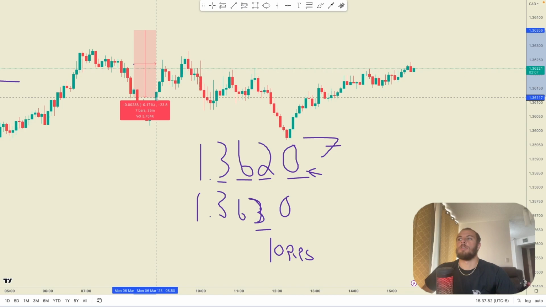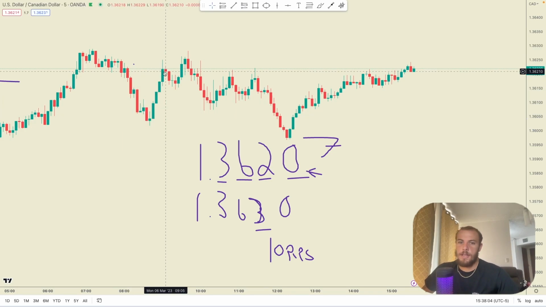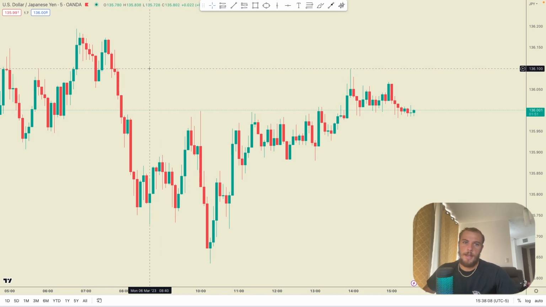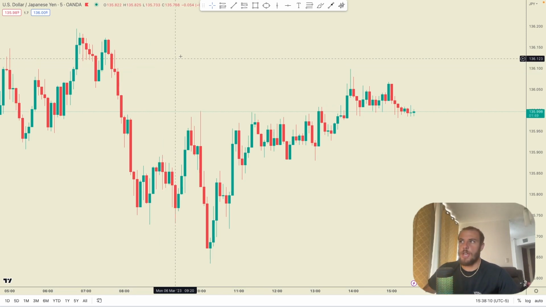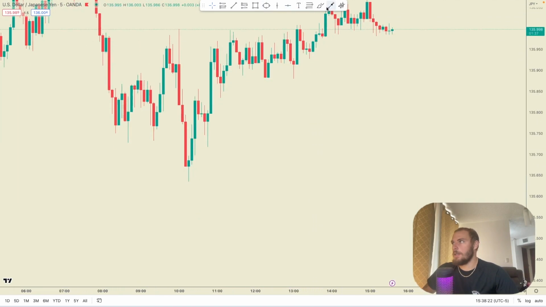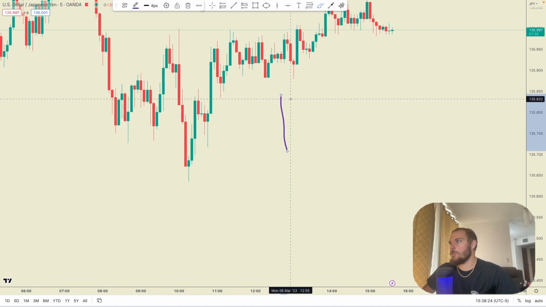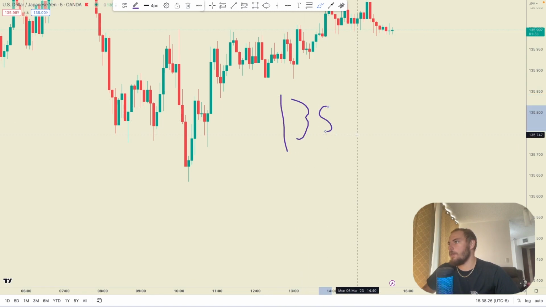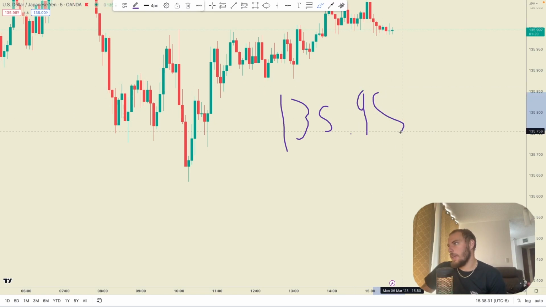Okay, so that brings us to the next currency pair, anything with JPY. This is USD JPY, and this acts a little differently because yen are very large numbers. So you can see here that the price of yen is currently 135.989.